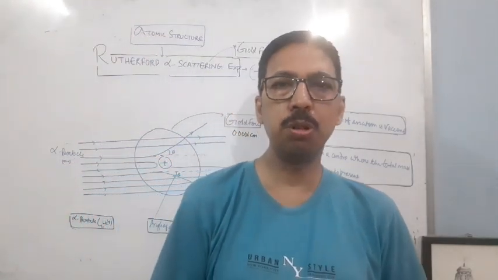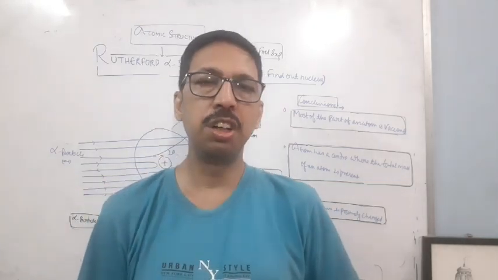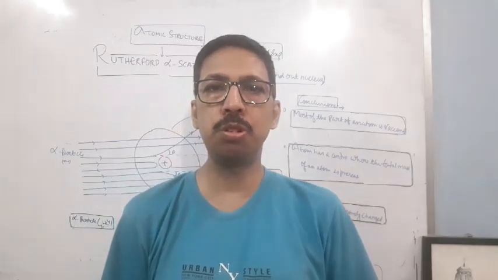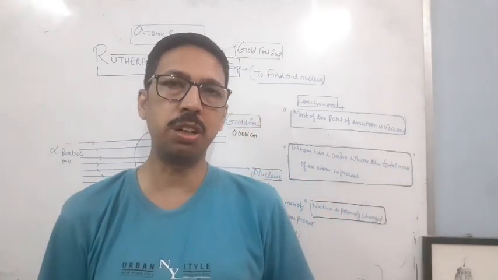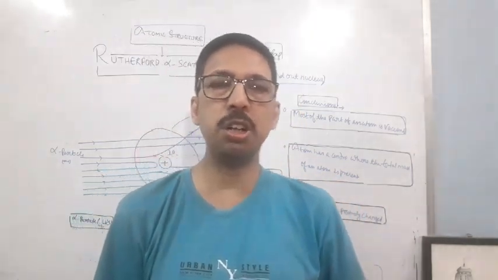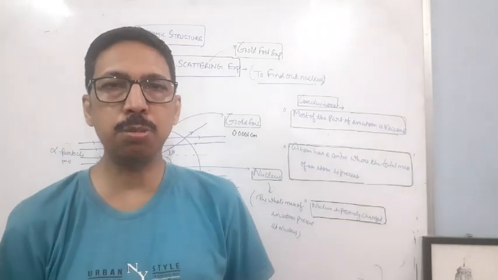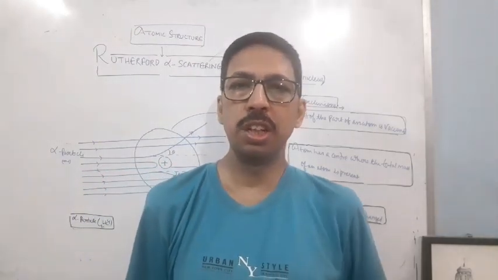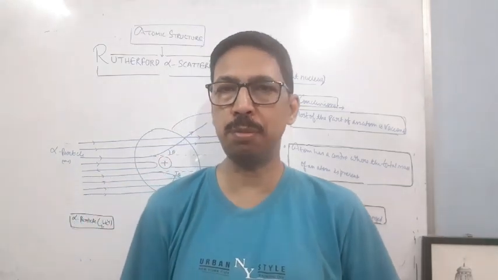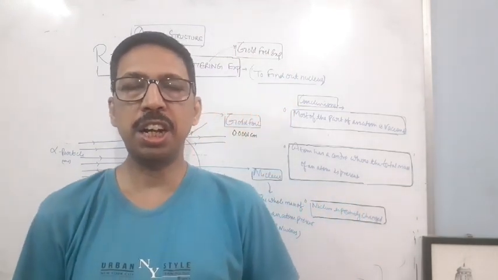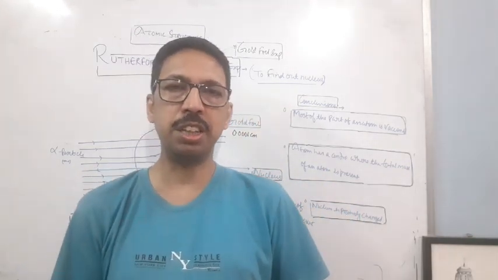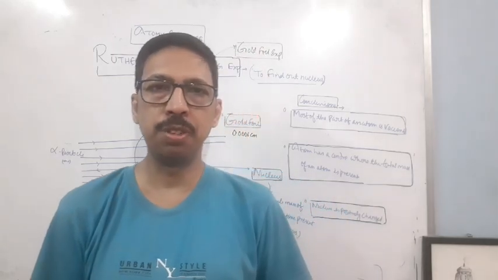On the basis of all these observations and conclusions, in 1911 Rutherford proposed his atomic model, which is also known as the modern atomic model. The main points of this atomic model were that most of the part of an atom is vacant or empty. Next, the atom has a center where the whole mass of the atom is present, and this center is called the nucleus.